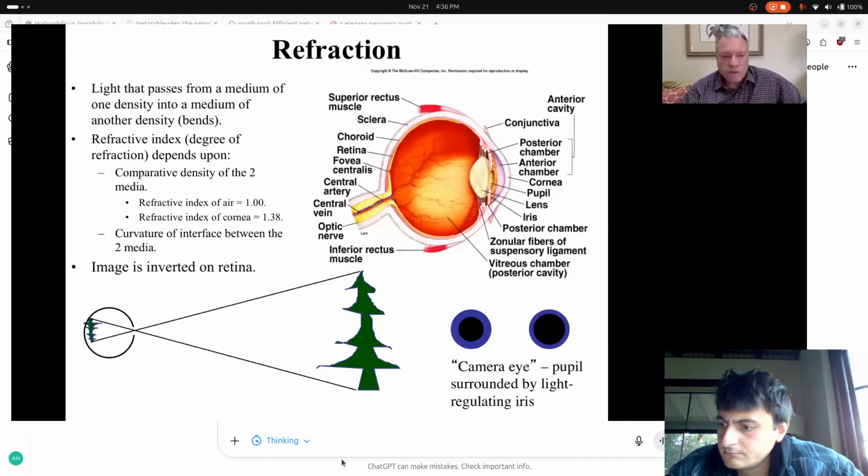Okay, so this is again just summarizing the vertebrate eye structure, where we've got our cornea, which is the main thing that's bending the light, focusing it on the retina.